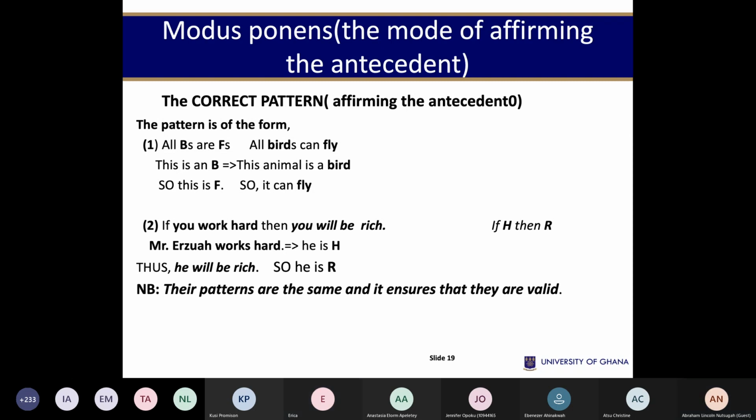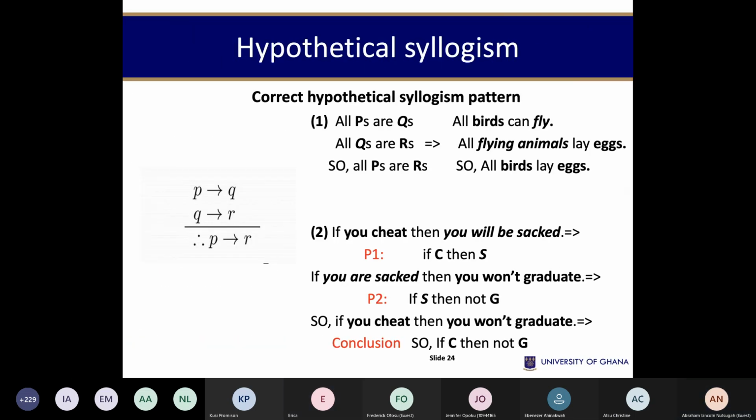When you look at the pattern for the hypothetical syllogism, is there any difference between the hypothetical syllogism and the conditional statement?